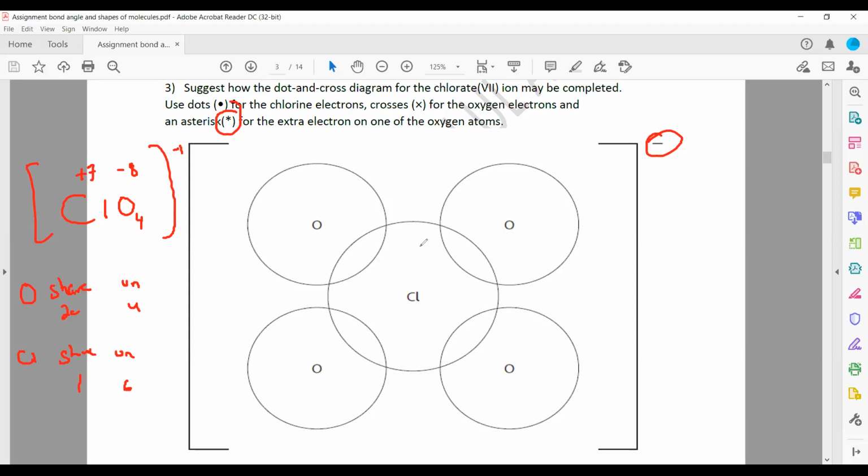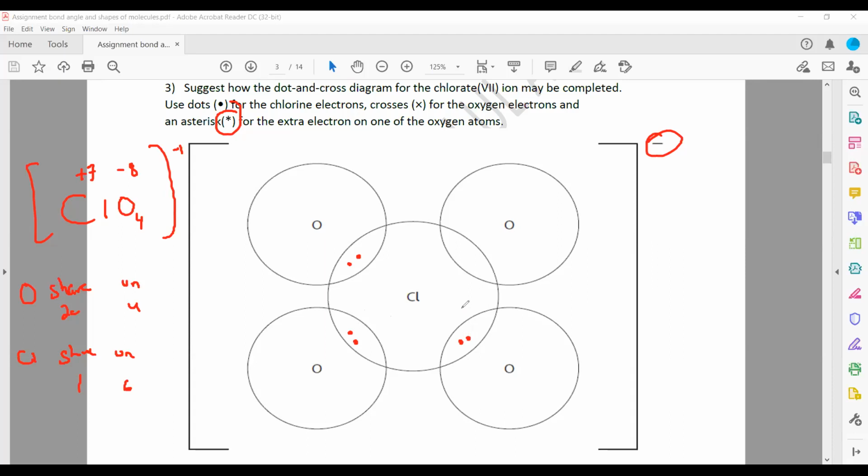We have to show that there are 8 electrons for this chlorine, so this is a dative bond in which both of the electrons are shared by chlorine. This is a dative bond which shows both of the electrons are shared by chlorine. This is also a dative bond.